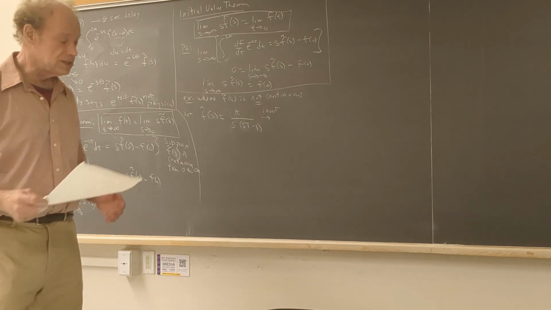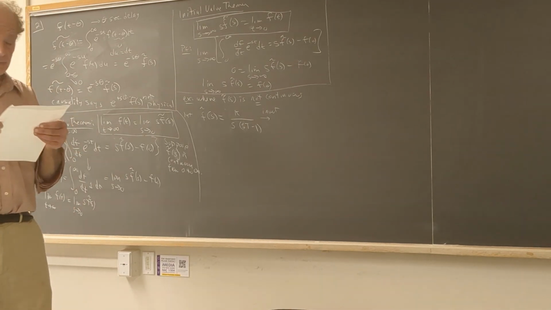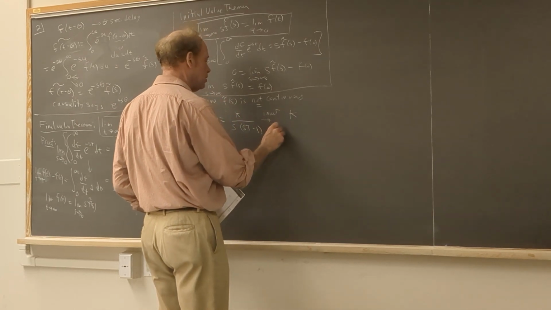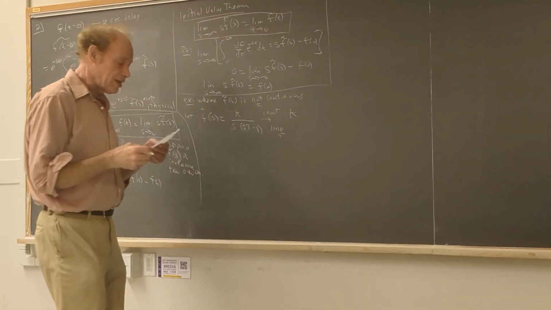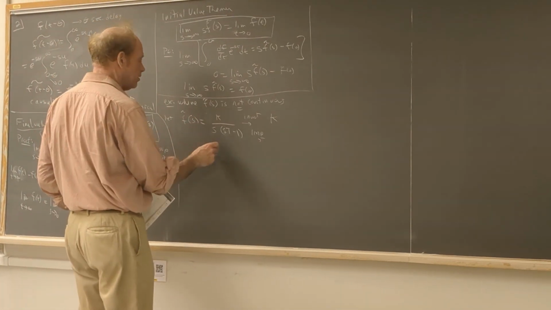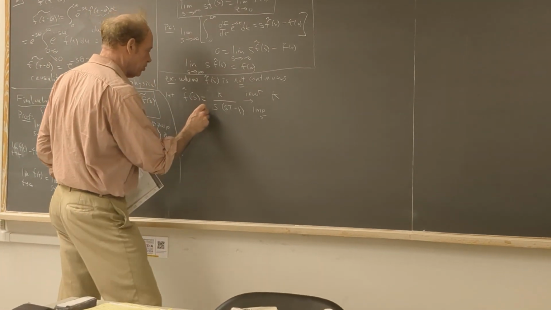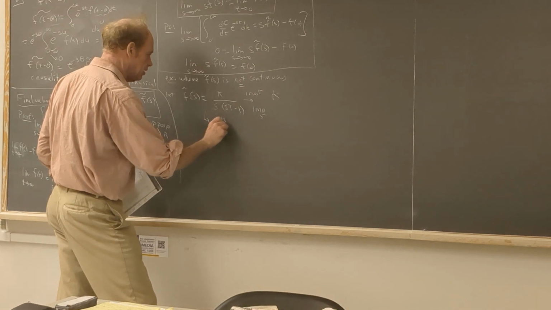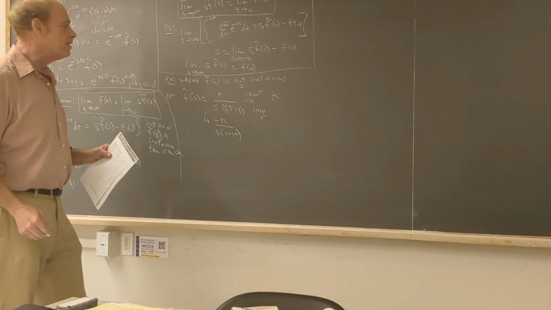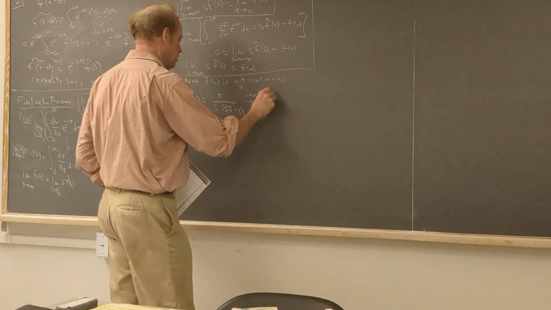Again, this is from line 5. From line 5, I keep the k. So I can note that this is equal to minus k over s, 1 minus sT. So when I invert it, I get minus k.